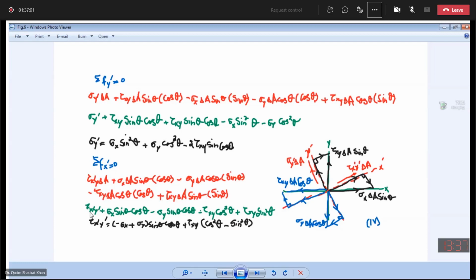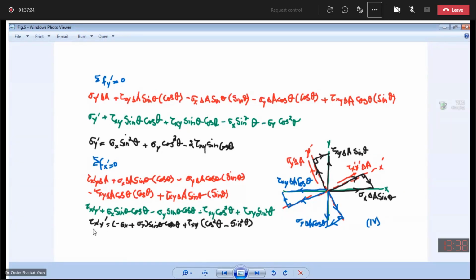So your equation is now tau x dash y dash plus sigma x sine theta cos theta minus sigma y sine theta cos theta minus tau xy cos square theta plus tau xy sine square theta, and we equate it equal to 0. So then I will move these four coefficients to the other side of the 0.